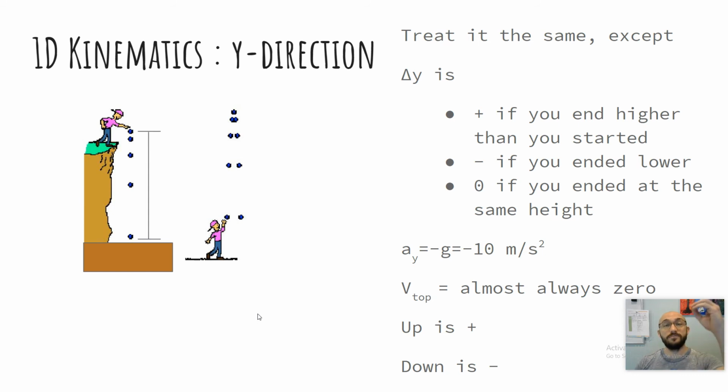So when I'm dropping, I will know that the initial velocity is 0, as it usually is at the top, and my delta y's are always going to be negative. So even though I might tell you the cliff is 5 meters high, you'll have to put in -5 for your delta y, because this ball is not going up, it is going down.